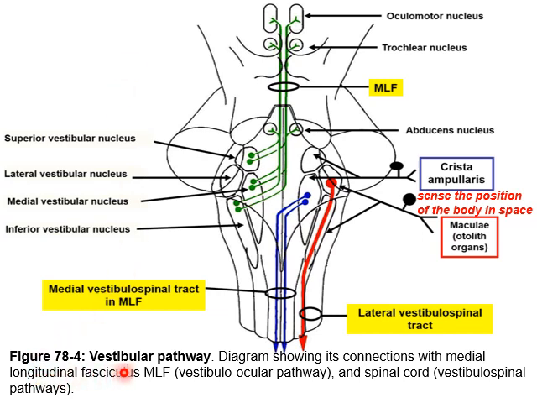This medial longitudinal fasciculus is fibers located in the medial part close to the midline of the brainstem. Its function is to connect the motor nuclei responsible for supplying the muscles of the eye, the extraocular muscles, the muscles that are responsible for moving the eye.